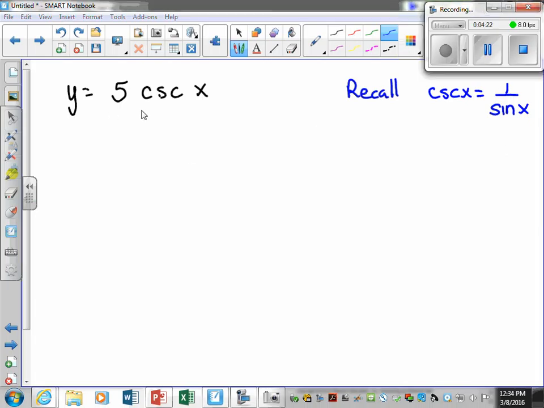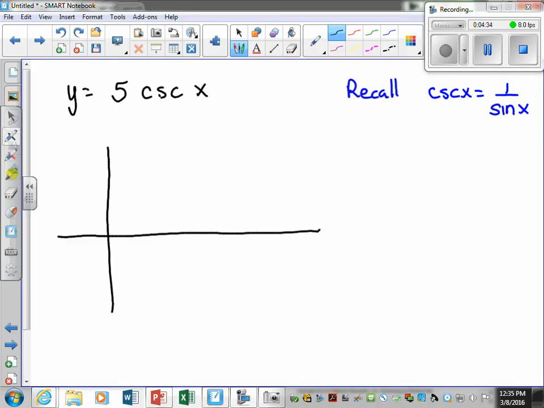Now granted, with every single one of my functions, I can set up an XY table like in the last lesson and do all the algebra and calculate it. But we have an easier option in this case. This just means an amplitude of 5, so let me write my general form. y equals a cosecant omega x.